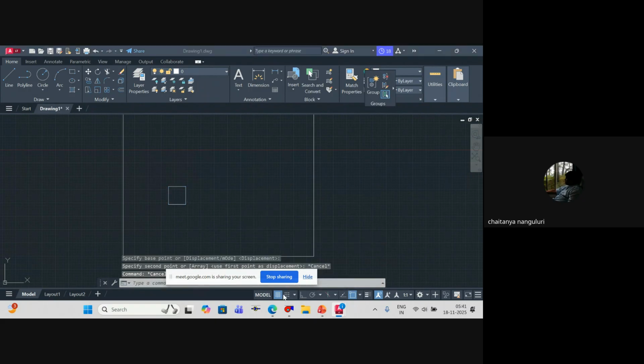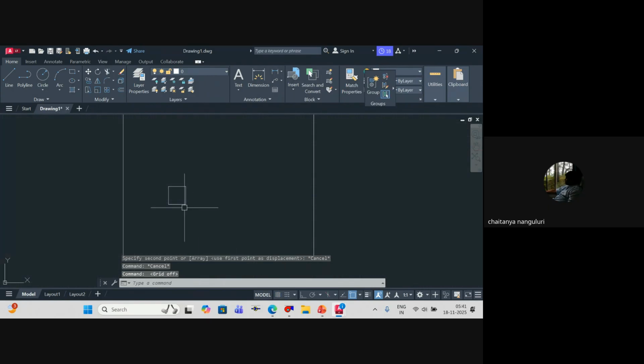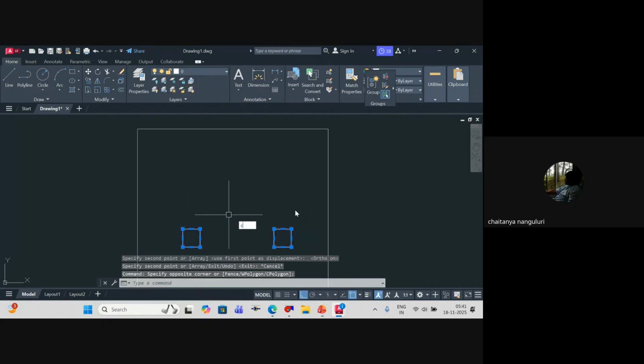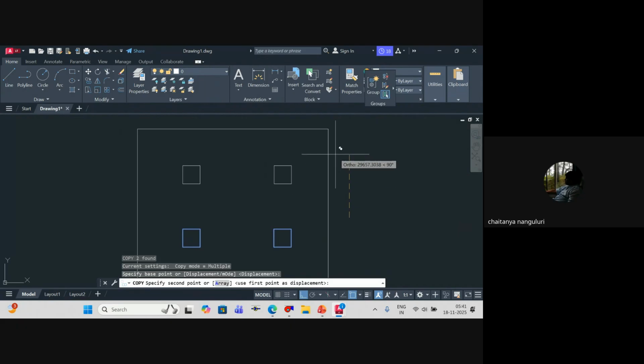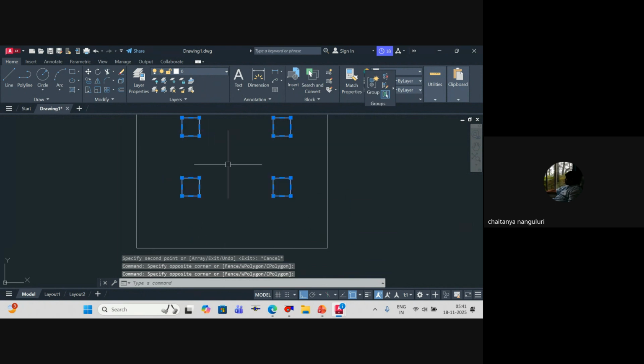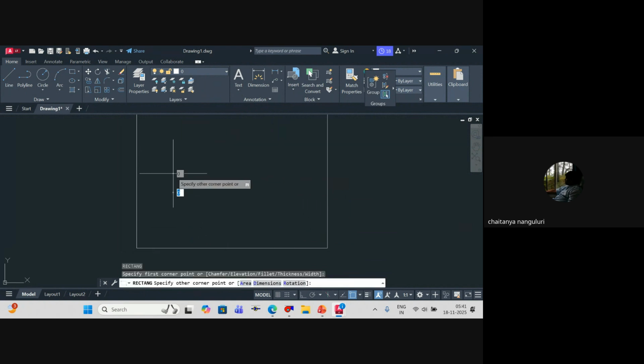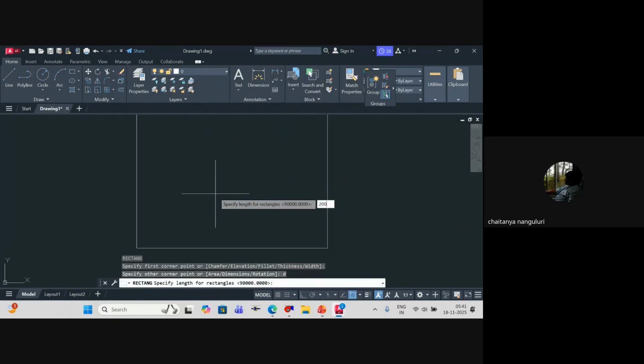You might have some lifts over here, some kind of staircase at the periphery. Generally, lift dimensions will be 1.6 or 2 meters by 2 meters, not more than that.